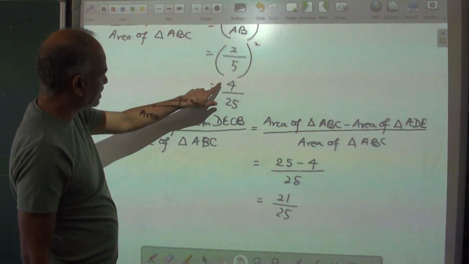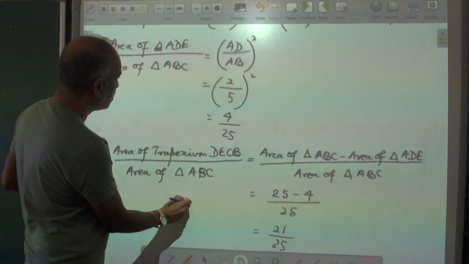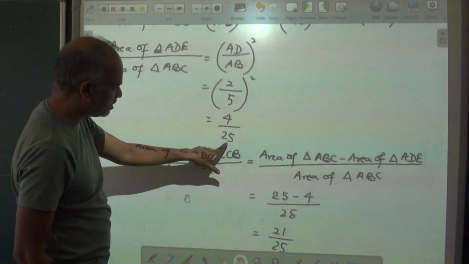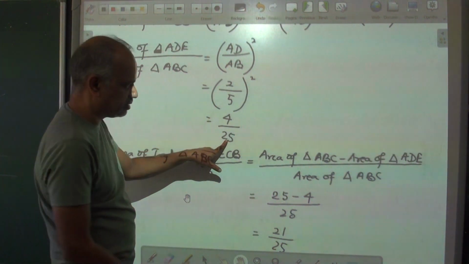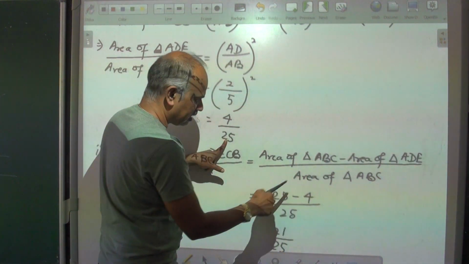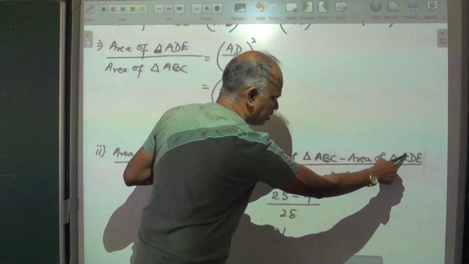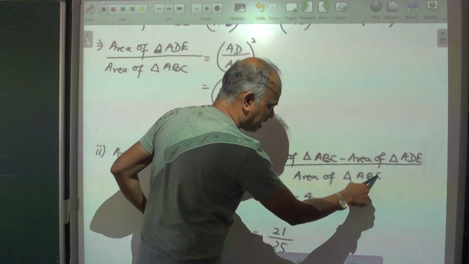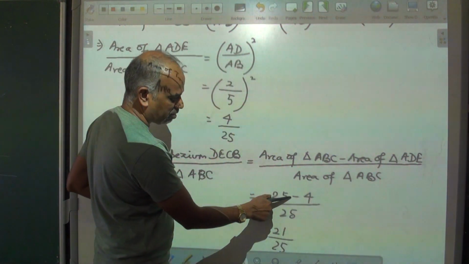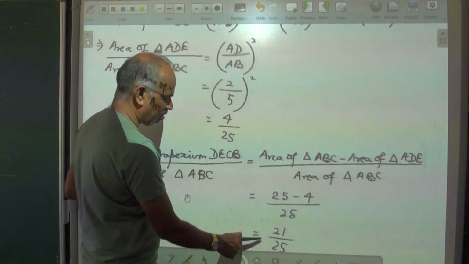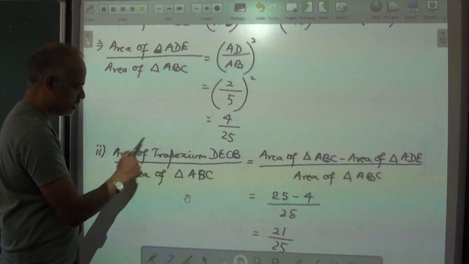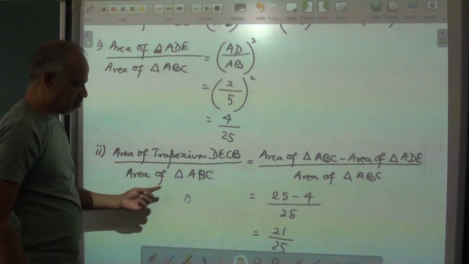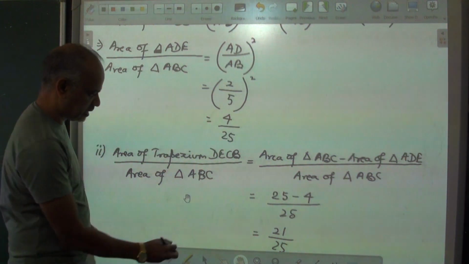According to this, this is the area of the smaller triangle, this is the area of the bigger triangle. This is the bigger triangle, that's 25, minus the smaller triangle, that is 4, divided by the bigger triangle, that's 25. So 25 minus 4 is 21 by 25 is the ratio of trapezium DECB by triangle ABC.